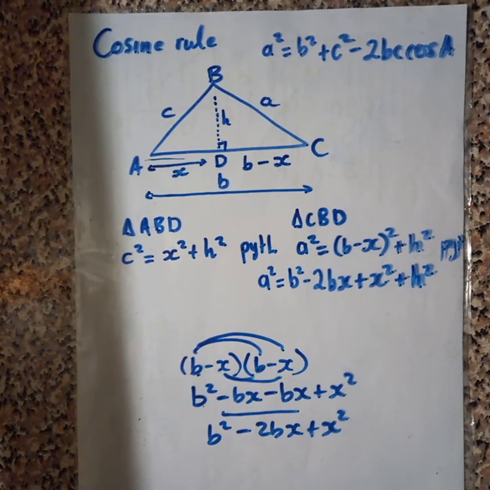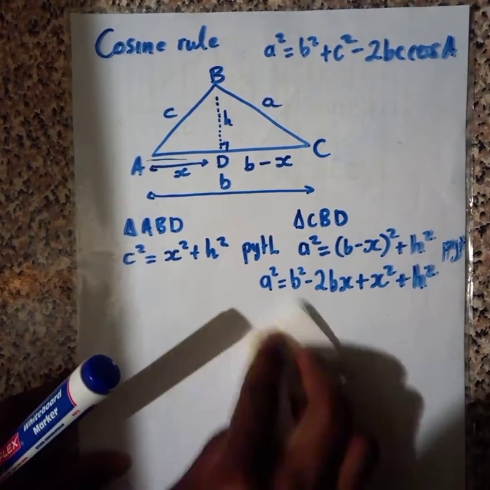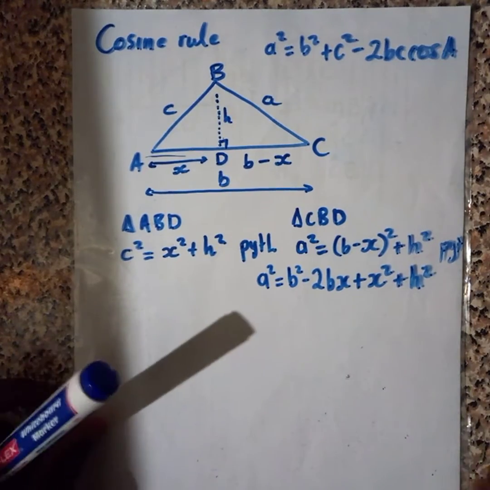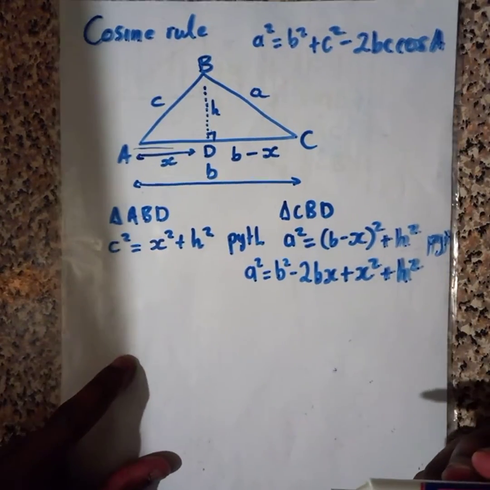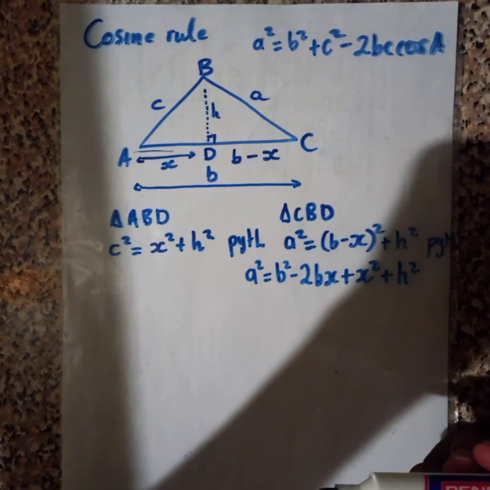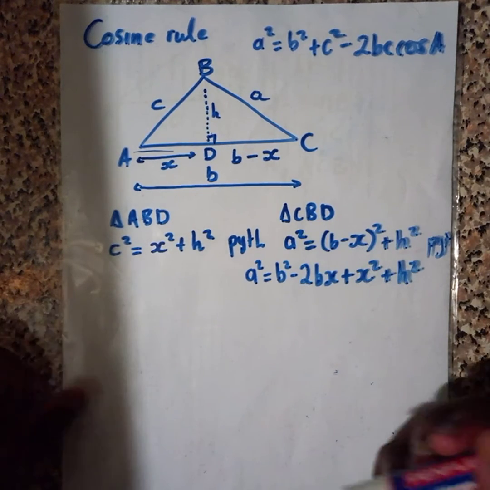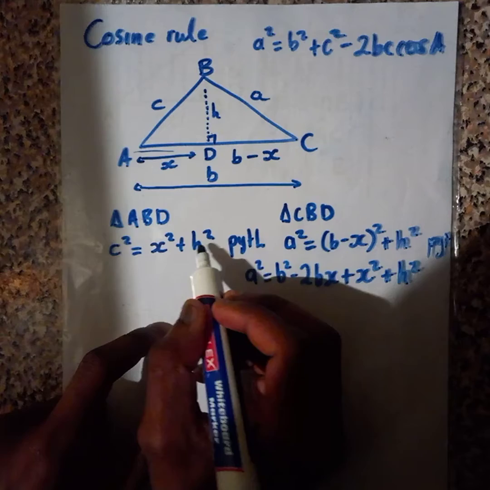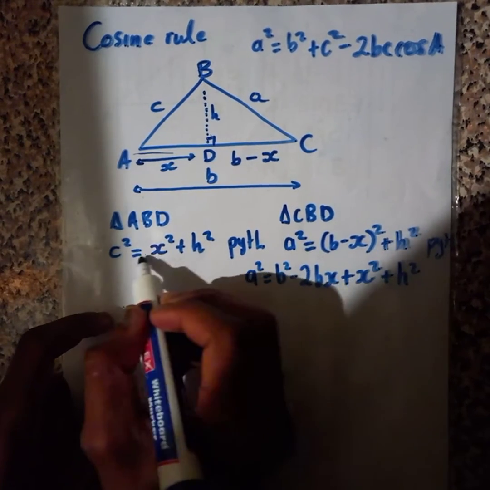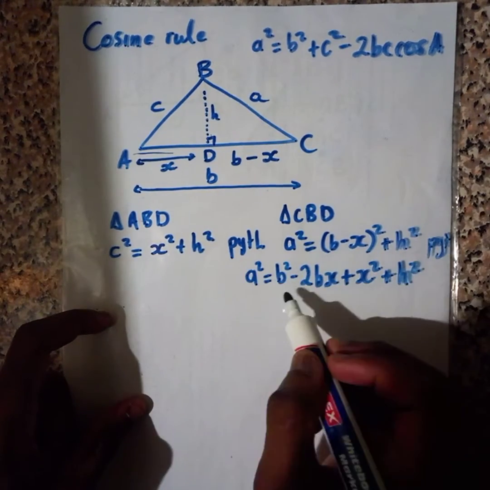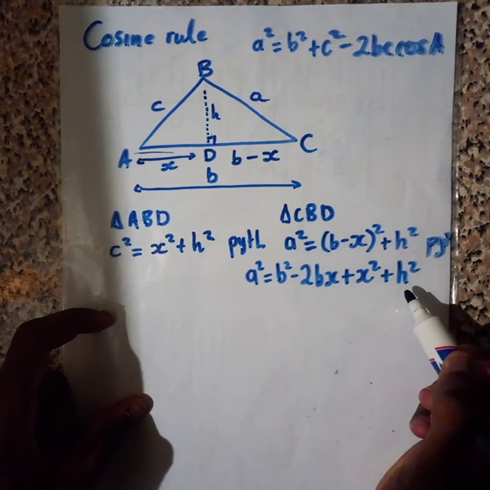Now, at this point, we have two equations. We have two what? Equations. We have equation 1, which is this one. This is our equation 1. Then this is our equation 2.